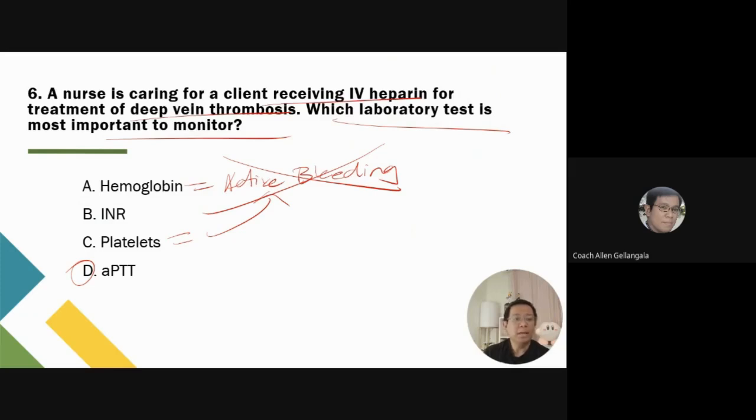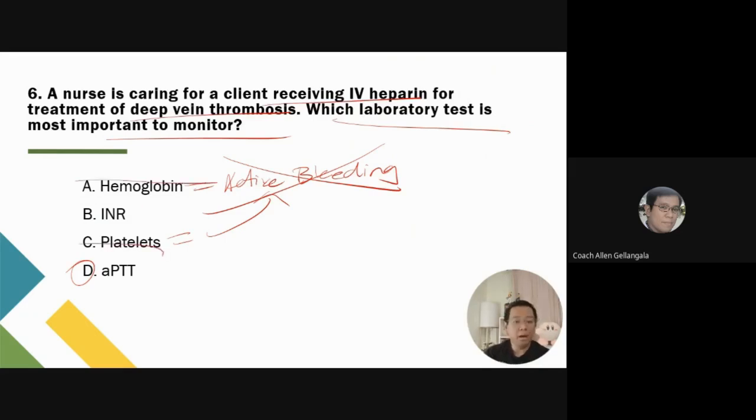Essentially, if there would be a sudden decrease in the hemoglobin as well as a significant decrease in the platelets, then you are assured that the patient is bleeding. That's why, since both of them are being monitored for that, you're not going to use it.